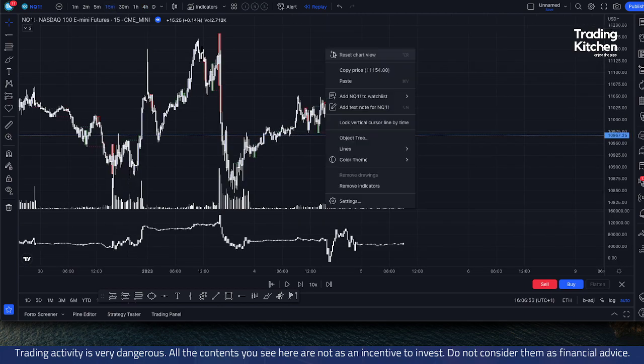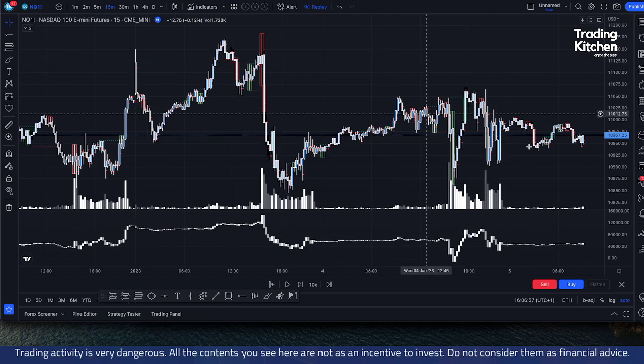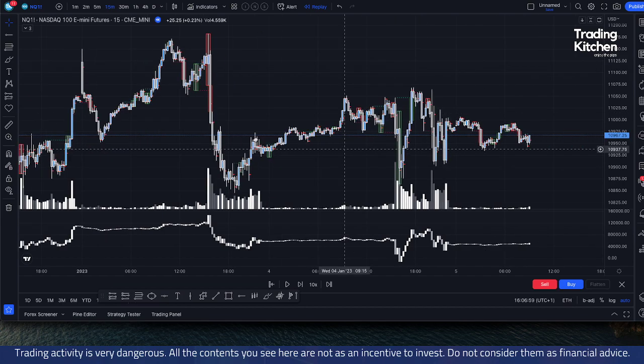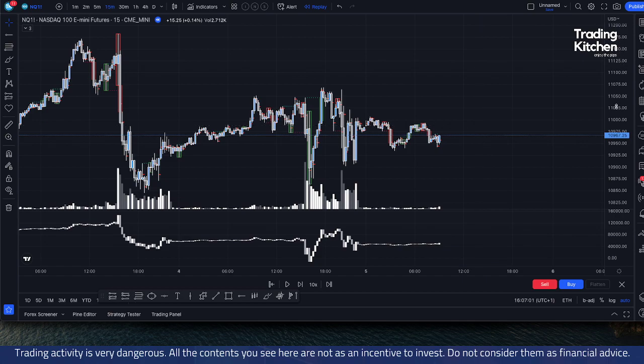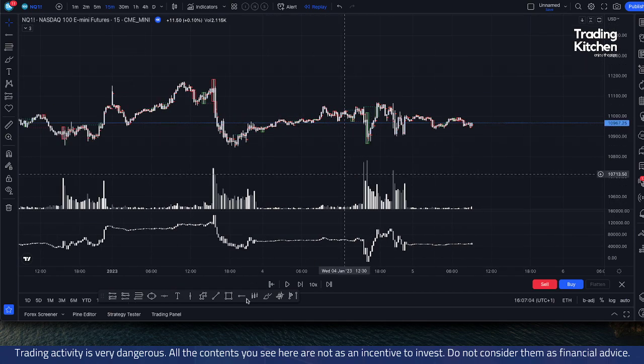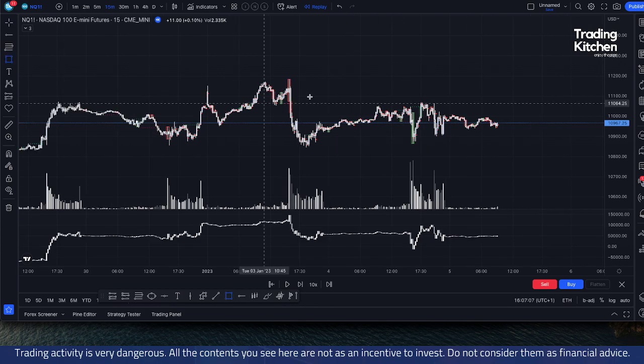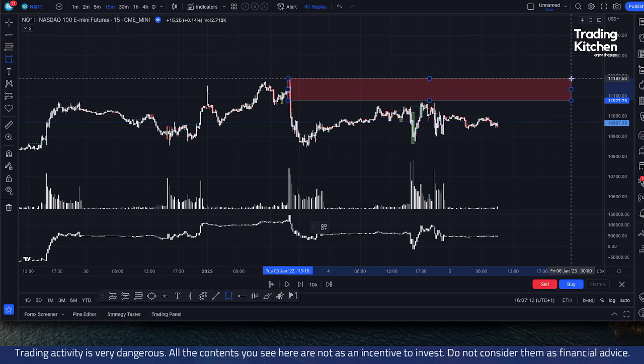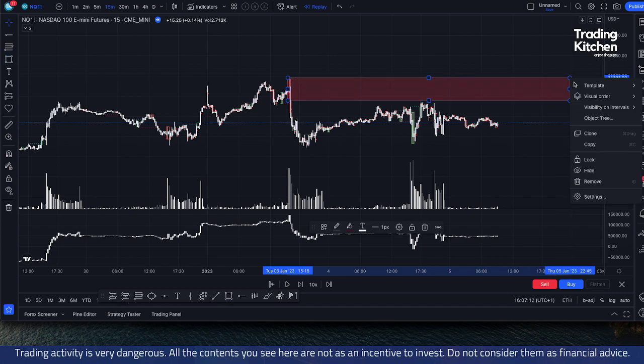So what we are going to see right now is possible zones in which price could react, both on the short side and the long side, even if we just say that probably price will go long.